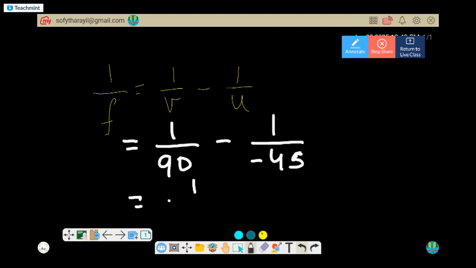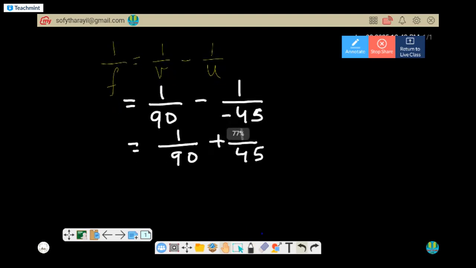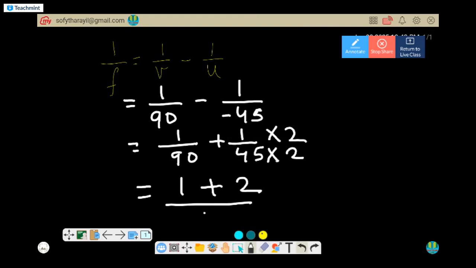So this will become plus 1 by 45. And then you work on the LCM part. I'll help you with the first solving, but be careful. This is something that you'll do in other questions also. LCM is 90, so just multiply the second term with 2. So what do you get? 1 by 30, correct. So your answer is 3 by 90, that eventually becomes 1 by 30.